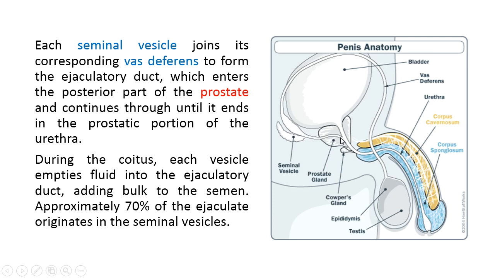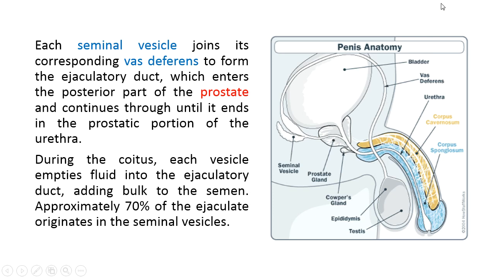This is the prostatic gland. These are the testes, epididymis, the vas deferens, and this is the seminal vesicle, the prostatic gland. This is the urinary bladder.